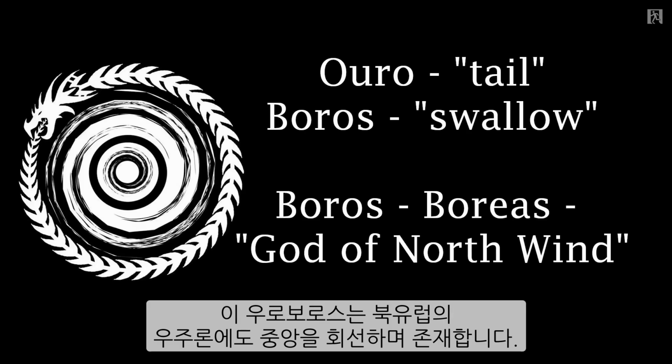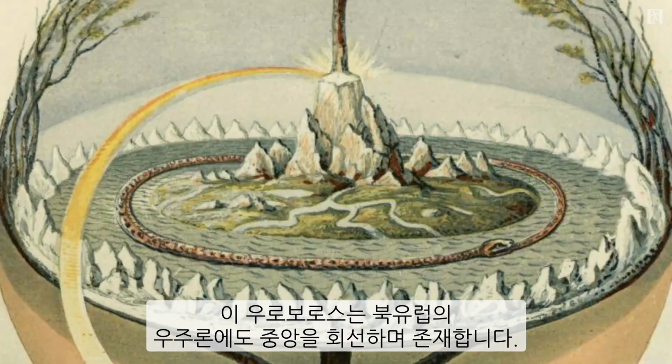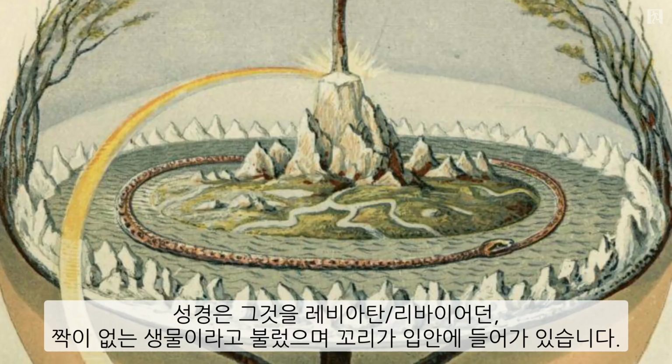The Ouroboros is also present in the Norse cosmology, circling the center. The Bible referred to it as Leviathan, a creature with no mate, its tail placed inside of its mouth.